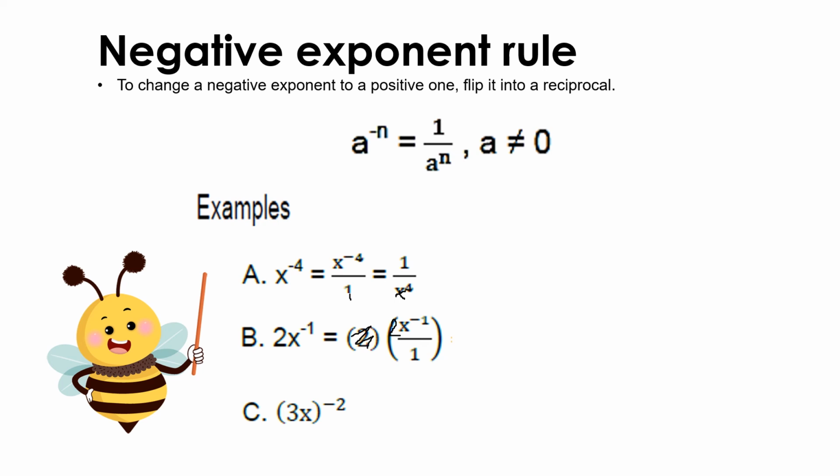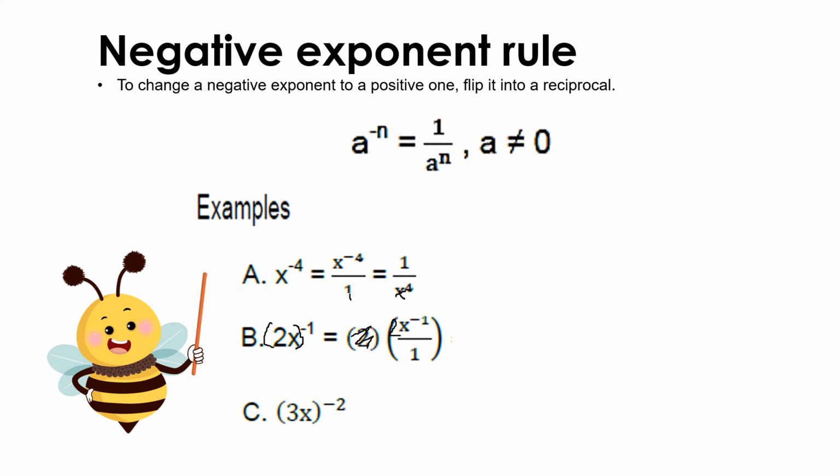And then, to make negative 1 positive, x, kasi yung naka-raise lang po dito, sa letter B, since wala siyang open and close parentheses, therefore, yung negative 1 naka-raise lang siya sa x. But if may open and close parentheses siya, damay na pati yung numerical coefficient na 2, naka-raise sa negative 1.